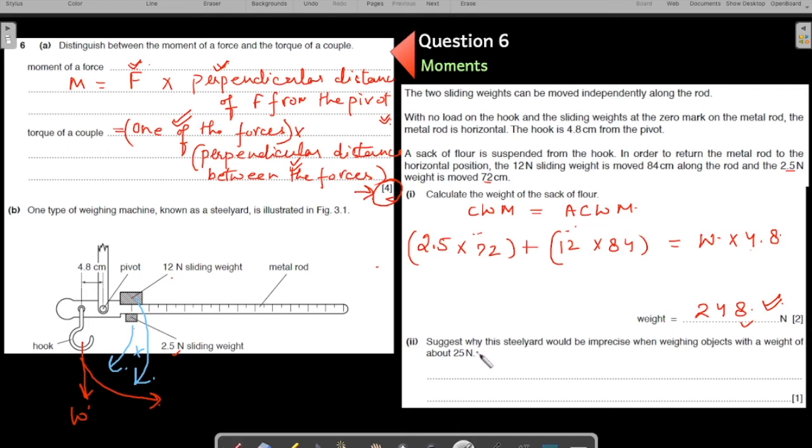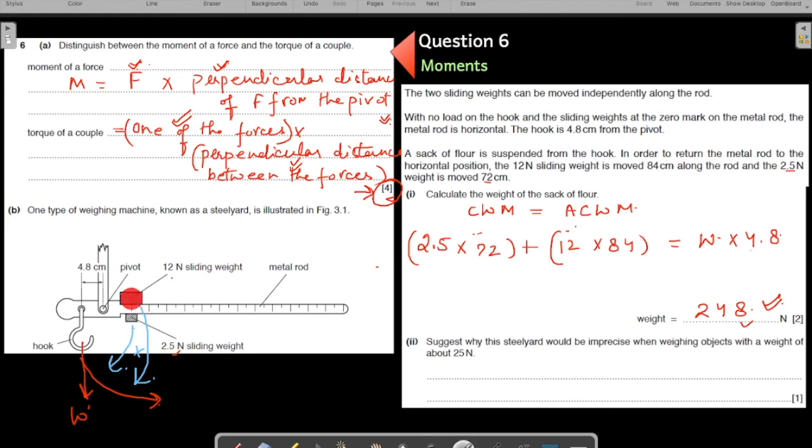Alright. Now the next part asks why the steel yard would be imprecise when weighing objects with a weight of 25 newtons. So they are saying that there is now only one sliding weight, which is just 25 newtons, instead of having two smaller weights, 12 and 2.5.